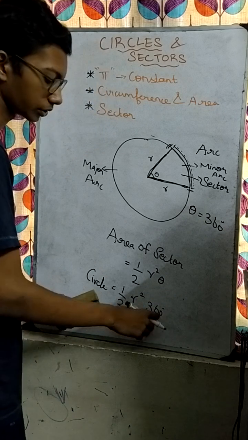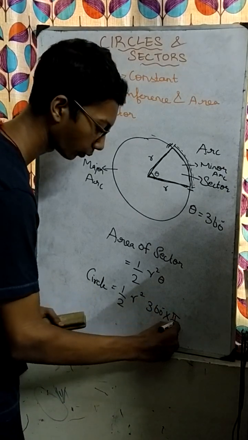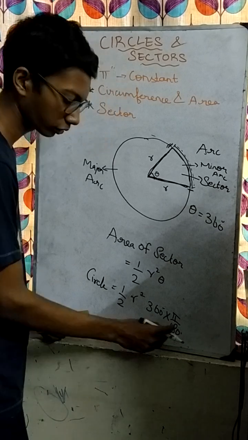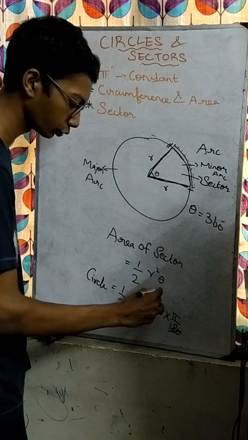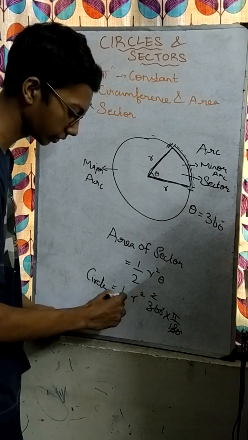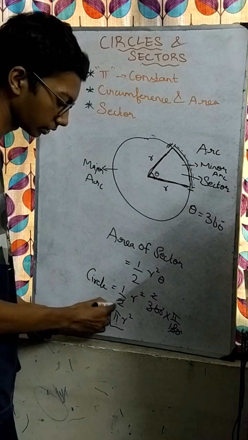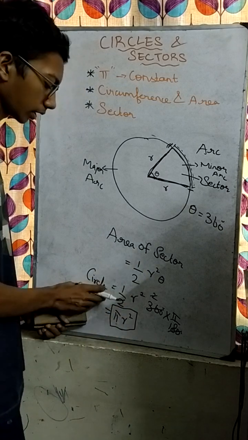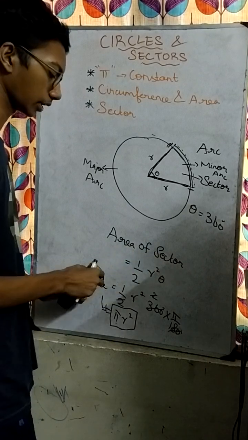If we want to convert this into radian form, we can multiply by pi by 180 degrees. Don't forget the degrees. If we cancel these two, we get 2, and we can cancel these two and we get pi r square, which is the area of the circle we found out earlier. So the area of the circle can be found out from the area of the sector.